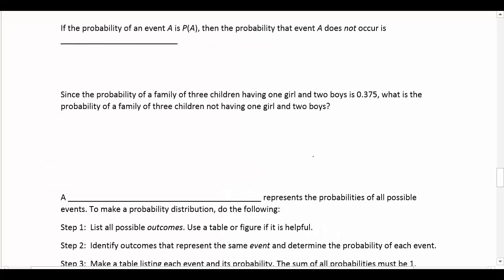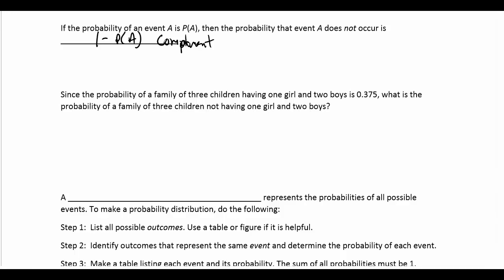Okay, if the probability of event A is the probability of A, then the probability the event does not occur is 1 minus the probability of A. They actually call it the complement. Complement, by the way, sounds like I'm saying something nice, like, oh, you look nice today. But from a probability standpoint, complement simply means it's 1 minus the probability of an event.